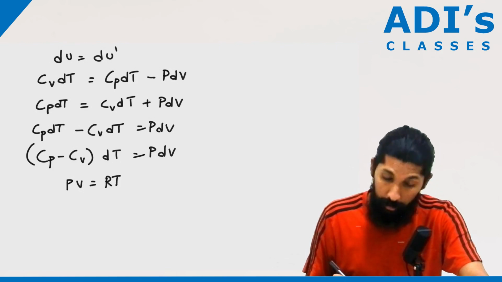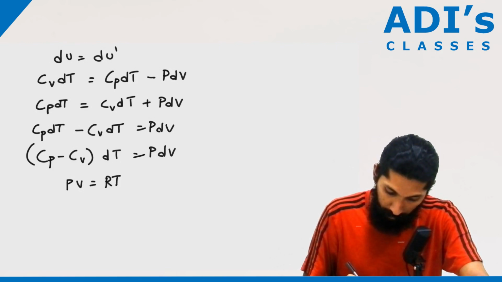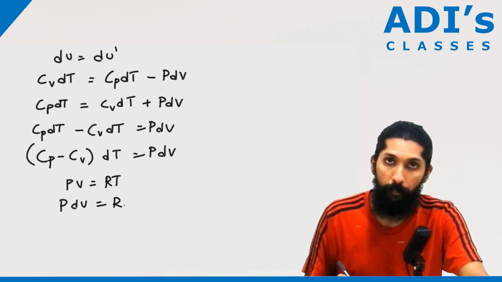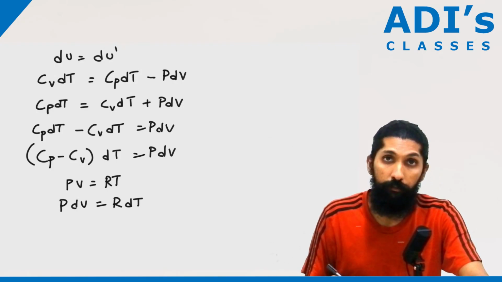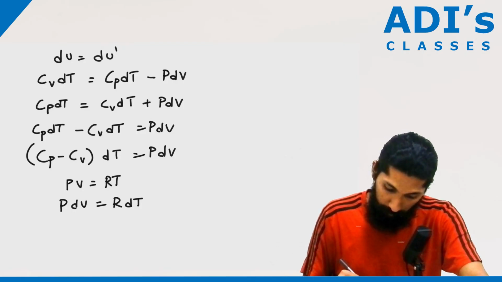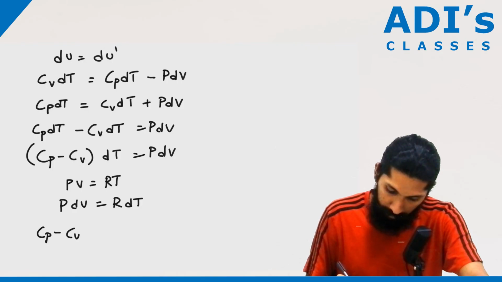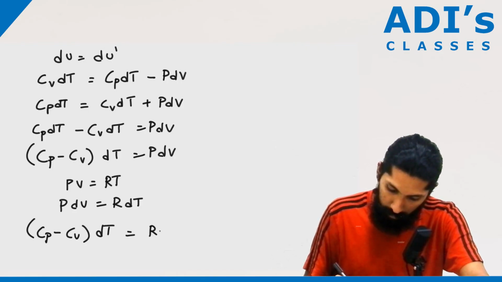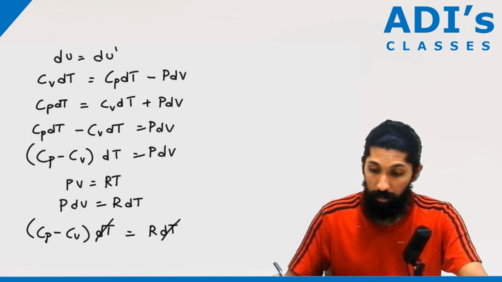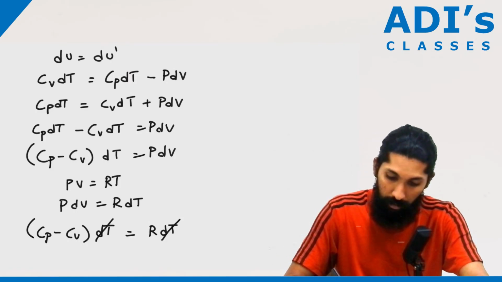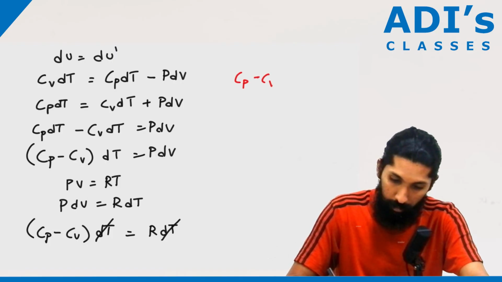If you differentiate this, you get P dV is equal to R dT. So substitute P dV as R dT. We get (Cp minus Cv) dT is equal to R dT. The dT cancels. So finally we get Cp minus Cv is equal to R.